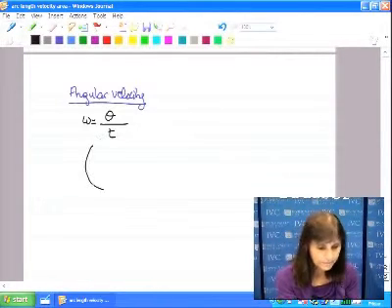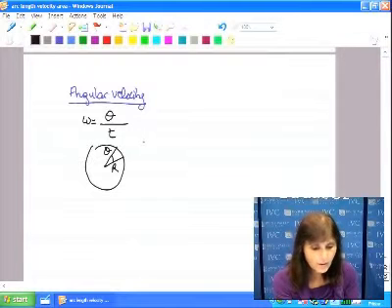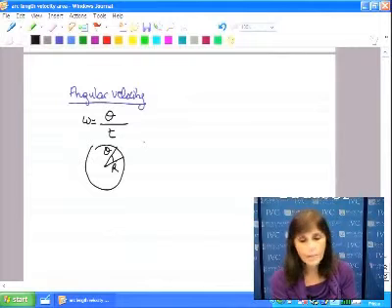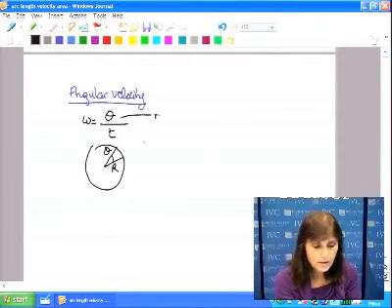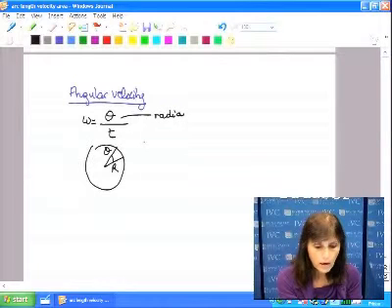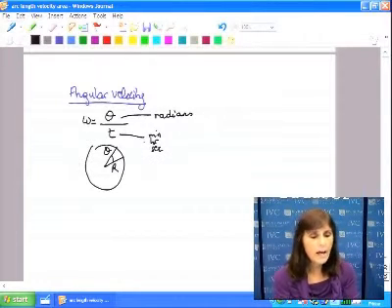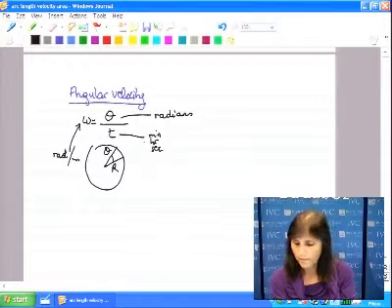And again, you have your circle, you have your r, you travel theta. Your angular velocity is how many degrees or radians you traveled divided by how long it took you. Usually it's given in radians. And the time is in minutes, hours, seconds, or whatever they are giving you. And then your angular velocity is going to be radians per whatever the time unit you have in there.